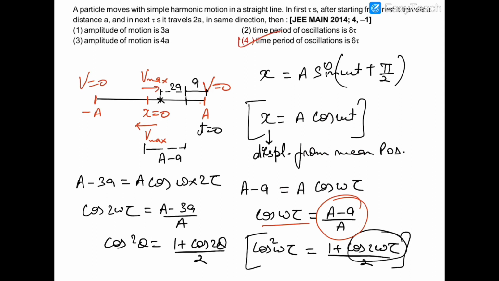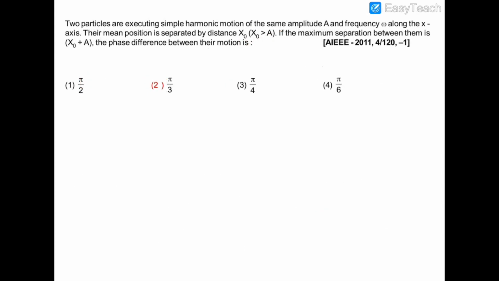Now let's move on to the next question. In this question, there are two particles executing SHM along the x-axis, and their amplitude is the same, which is A, and their angular frequency is omega.